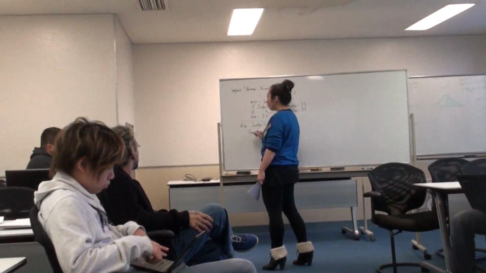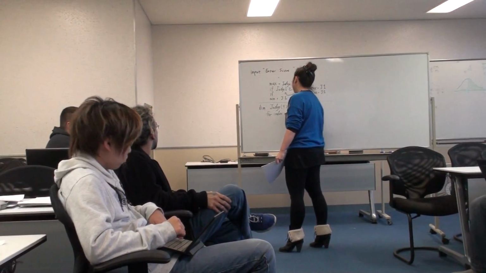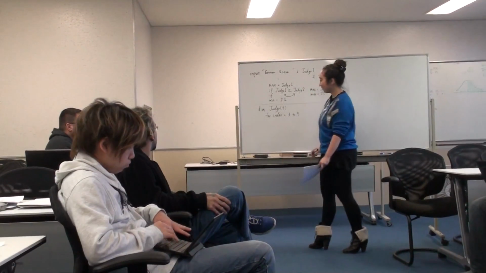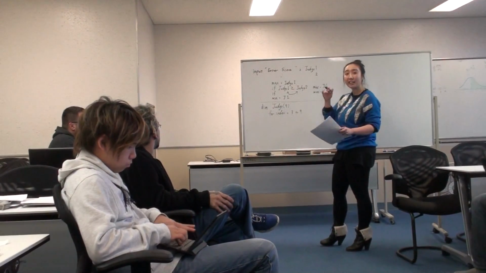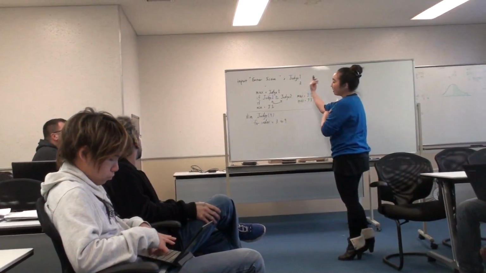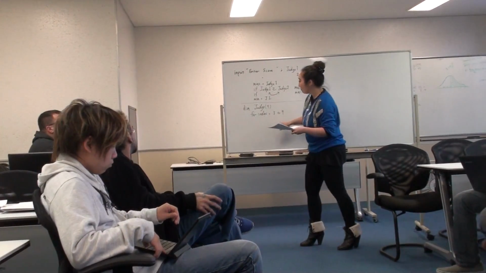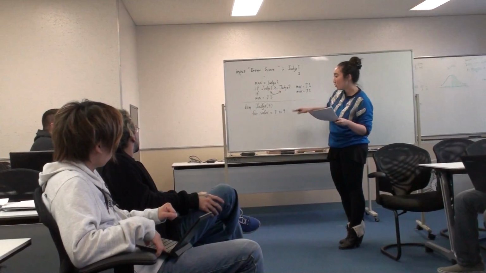So instead of 1 to 9 for index, I use 3 to 9. So it's still until 9, but we have only 9 left.